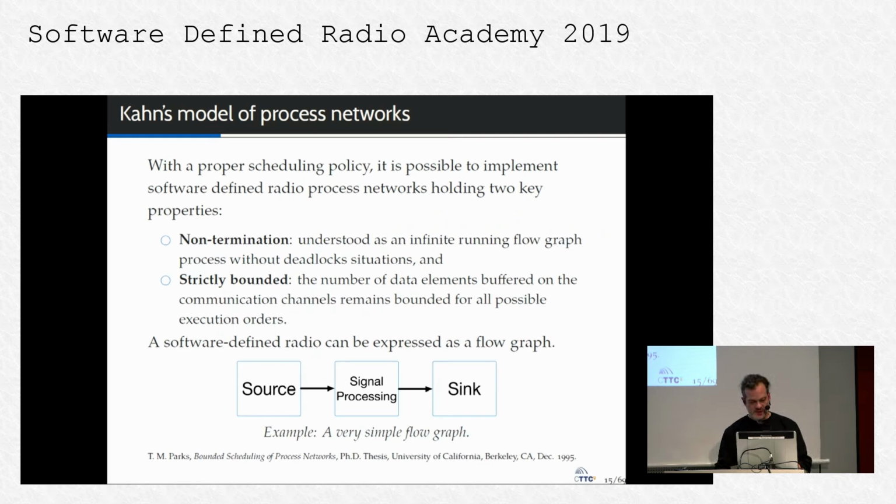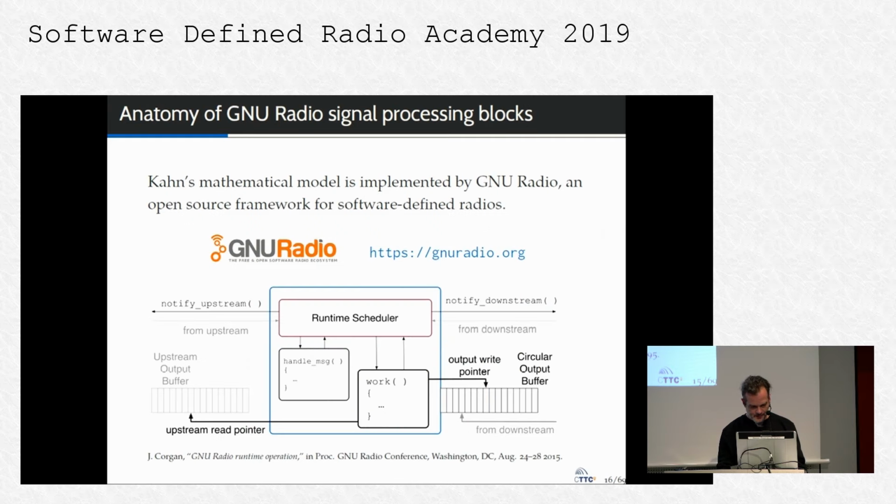So this means that any kind of software-defined radio can be expressed like a flow graph. Here you have the most basic one, in which we have one source, which is one node. There is another node in the middle that actually does the signal processing, and finally a sink, which is taking the results of the signal processing. This would be a very simple flow graph of how a software radio works.